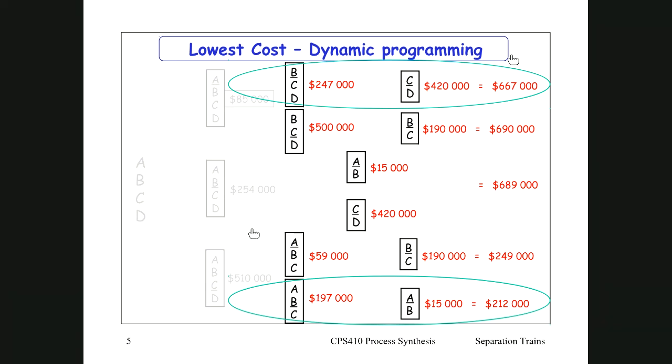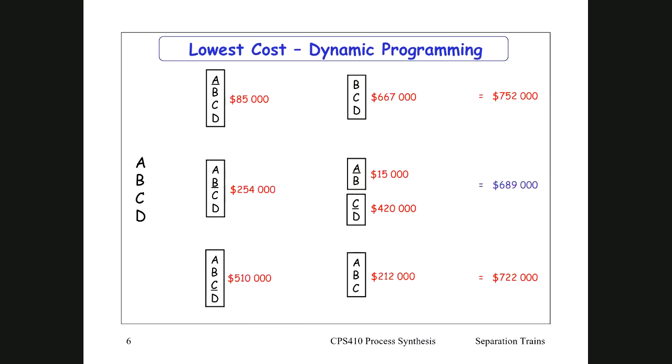Now we go on to the four-component mixture. And a four-component mixture, you can do it in three ways: A/BCD, AB/CD, ABC/D.